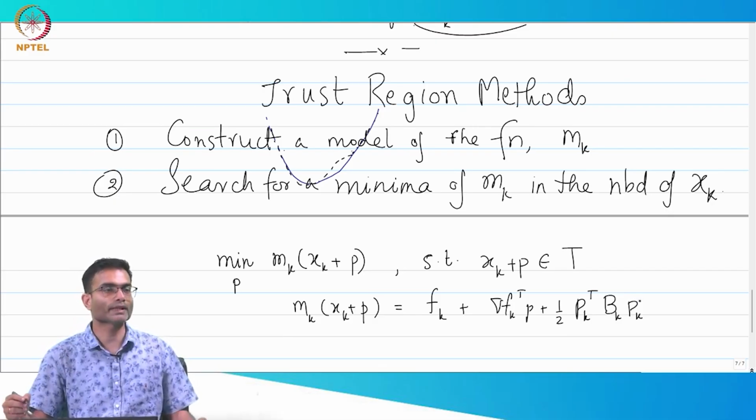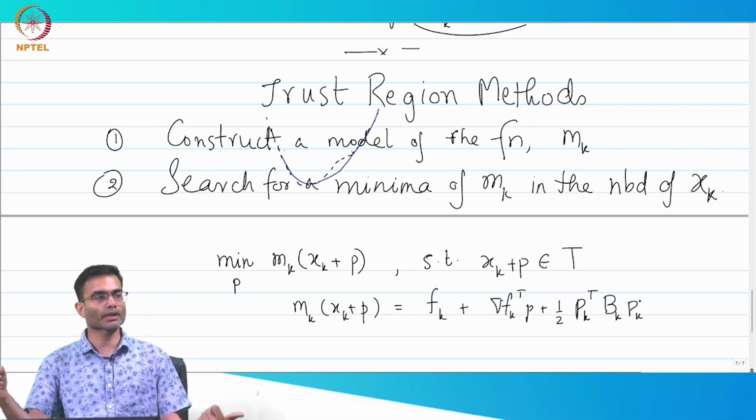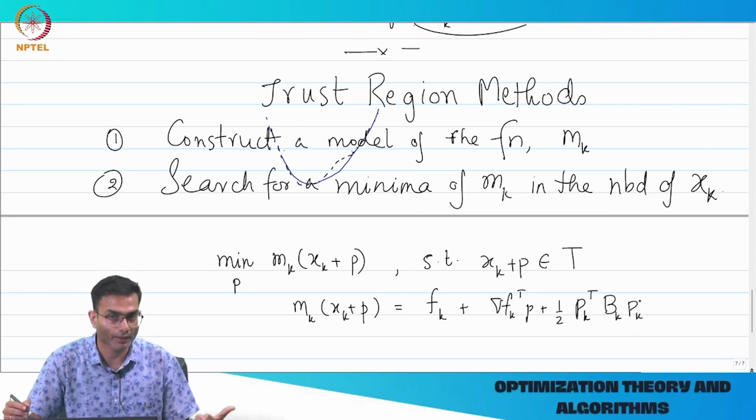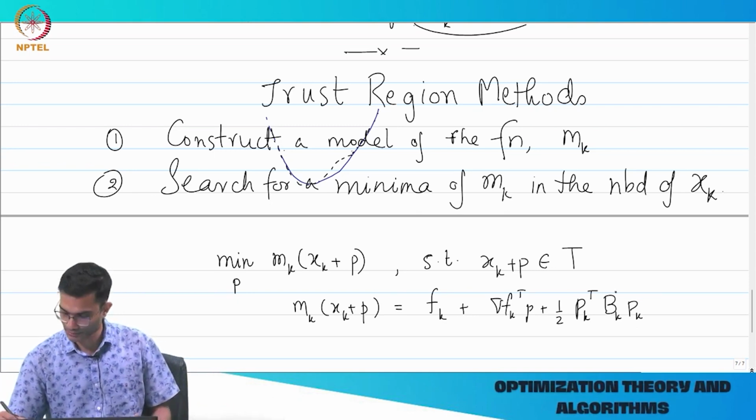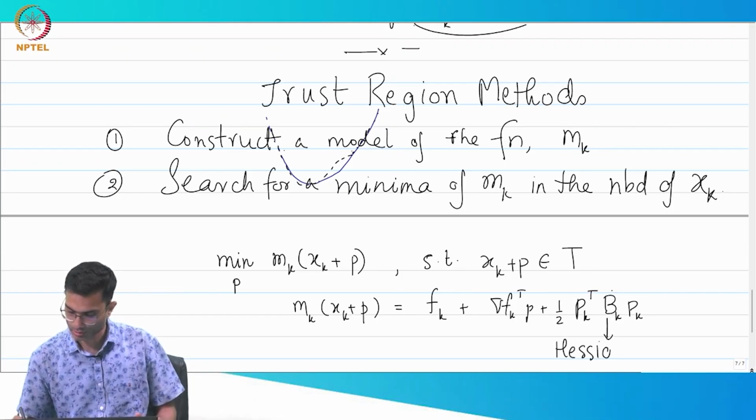Now what is this Bk? Bk is the Hessian or an approximation of it. I may not be able to get an exact thing. So this is the Hessian or its approximation.